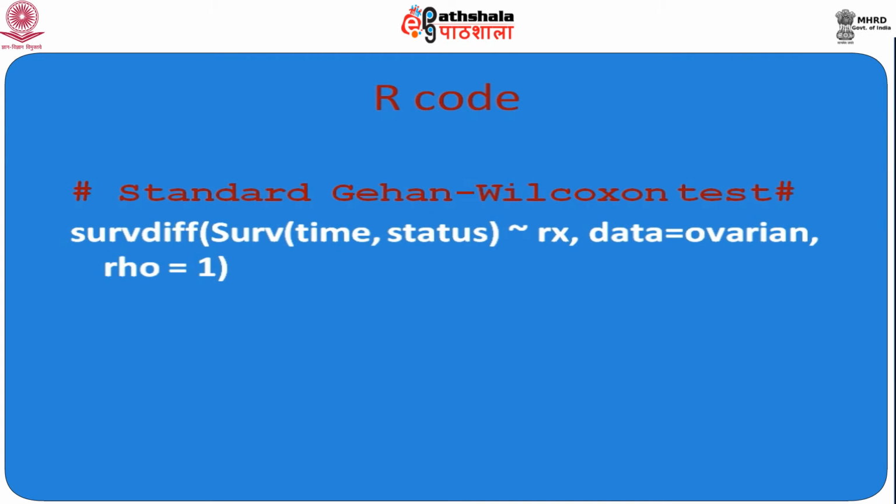In the log rank test we had put rho equals to 0, but here we are putting rho equals to 1, and we are performing it on the same data. This is the simple thing to perform the Gehan-Wilcoxon test.